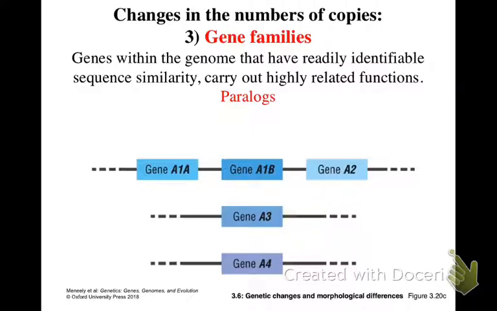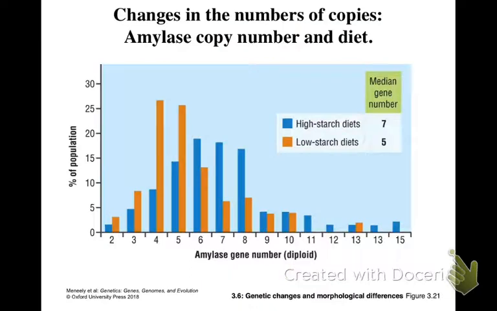So if you have two genes that have the exact same function, then when one mutates, it doesn't cause death of the organism. It may cause a new gene to be born, or may cause what we call a pseudogene. Sometimes one of those genes just dies, and that's a pseudogene at that point. It doesn't code for anything.